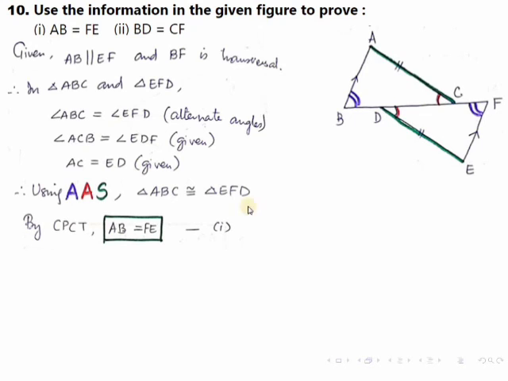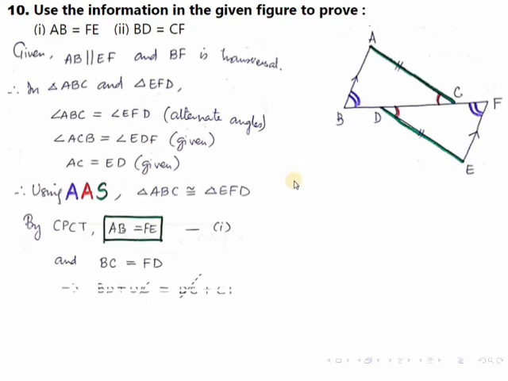So if they are congruent, then obviously by CPCT AB is equal to EF, okay, right. Now you know also BC is equal to FD, isn't it? By CPCT BC will be equal to FD.